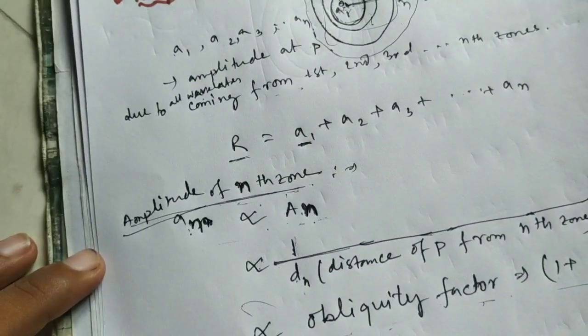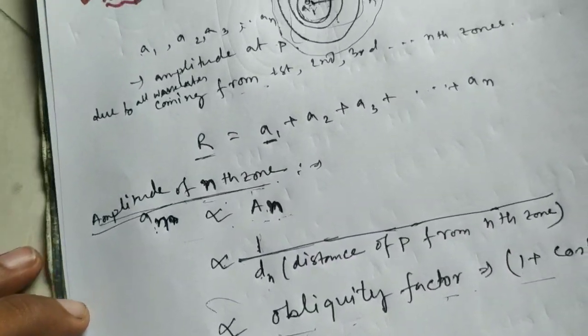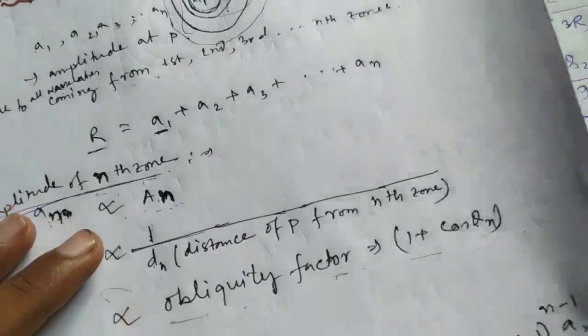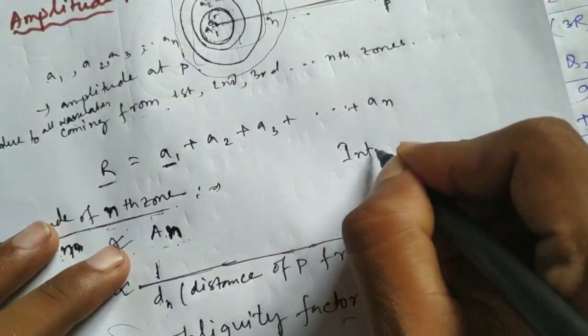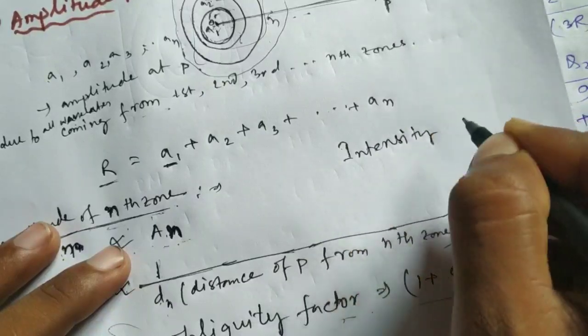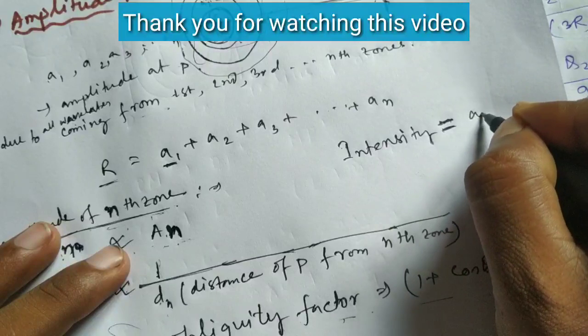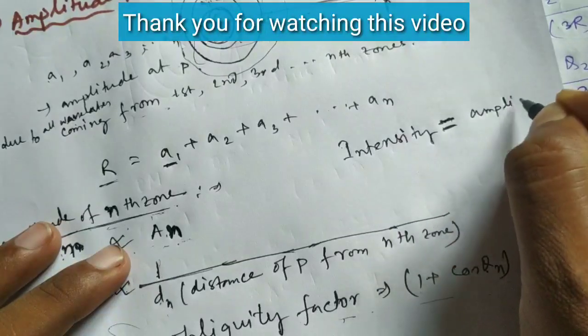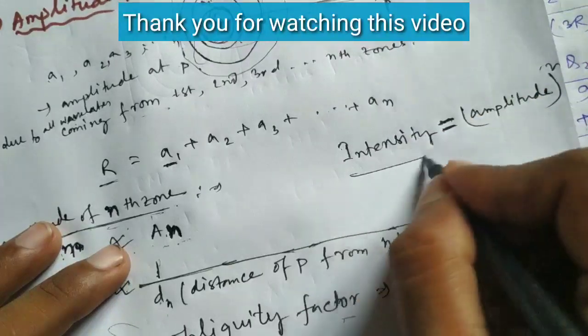So this is the expression for amplitude, and now the expression for intensity. We know intensity equals amplitude squared.